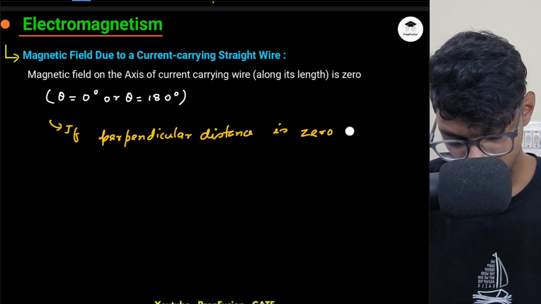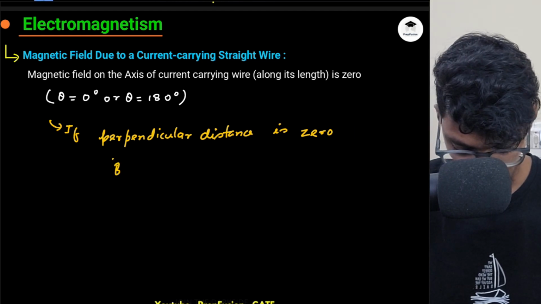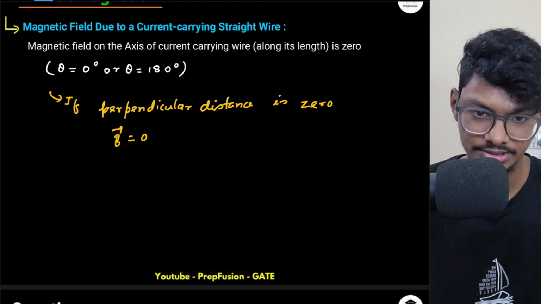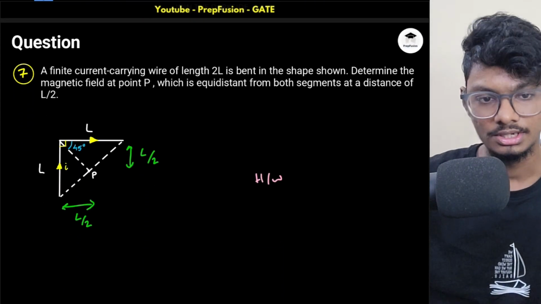If the perpendicular distance is 0, then B will simply be 0. That's the one thing that I wanted to share with you.